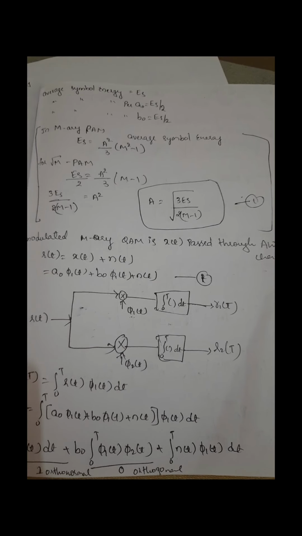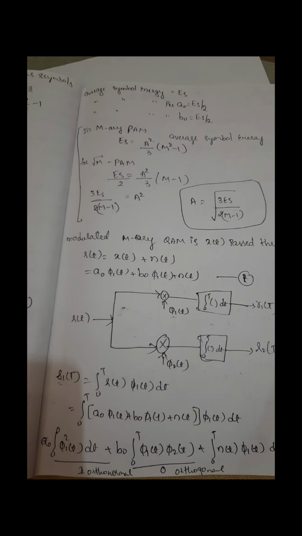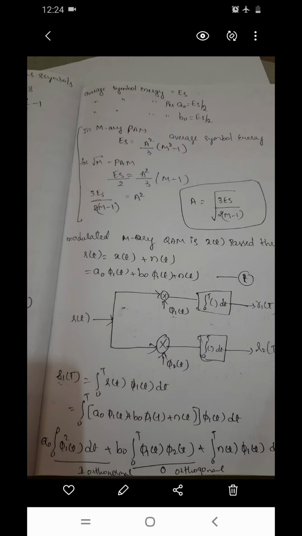Here you can see the receiver part, which has two correlators, each followed by a product modulator and an integrator. The outputs of the integrators are taken as r1 and r2. So r1 is equal to the integration from 0 to T of r of t into phi 1 of t dt, where r of t is x of t plus n of t, and we know x of t is a0 into phi 1 of t plus b0 into phi 2 of t, plus n of t.